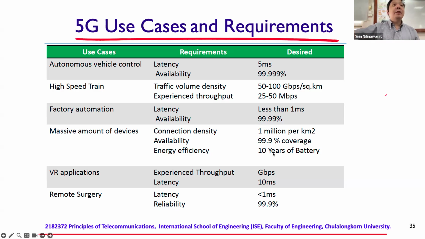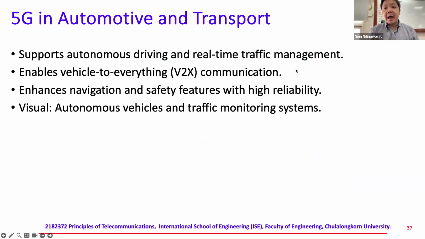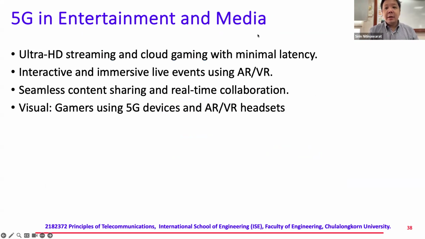That's part of the reason why we want to use spectrum with lower frequency as well, because the signal processing for signal with lower frequency can be designed easier to enable more energy saving. And of course, in terms of area, you see a lot of emerging applications in healthcare, automotive and transportation, entertainment, and media.